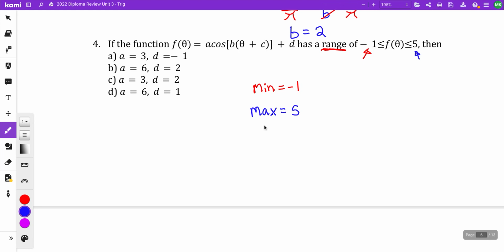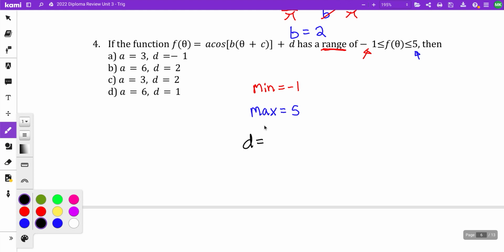Cool. Logically, you could try to figure this out. If you're comfortable with understanding how you got to maxes and mins, you went from D and you added or subtracted your A value, and you can just visualize that and figure it out. That is a legitimate strategy. If you're a formula type of person, there is a formula for your D value.